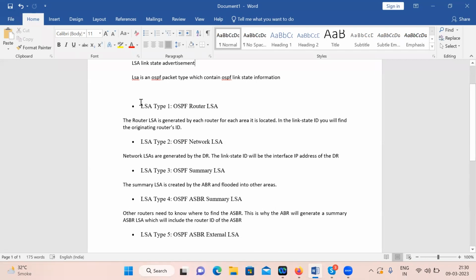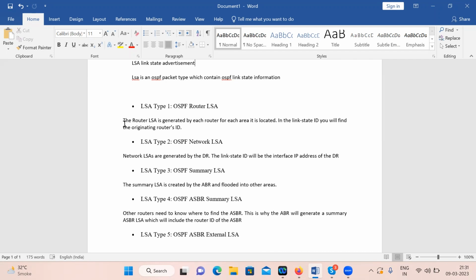So the first LSA type is the router LSA. What exactly is the router LSA? The first point is that every OSPF router, whether it is an area border router, an autonomous system border router, or a regular router, generates a type 1 LSA for the area which it belongs to.